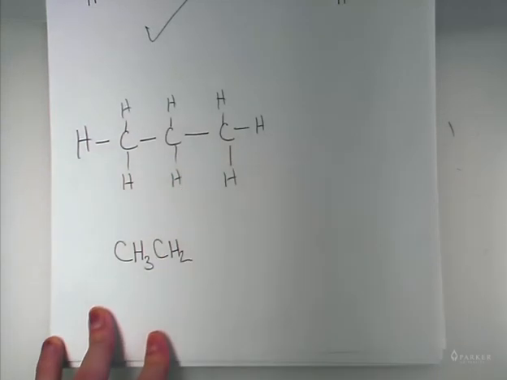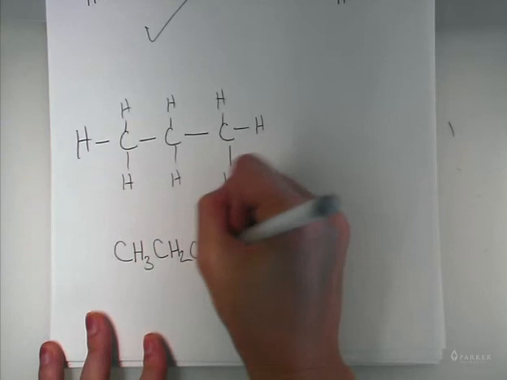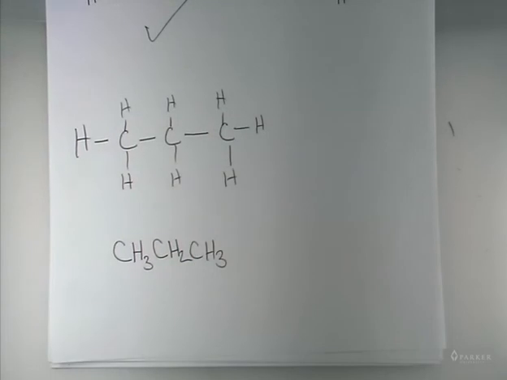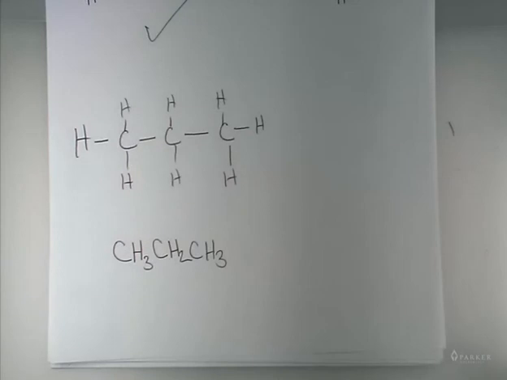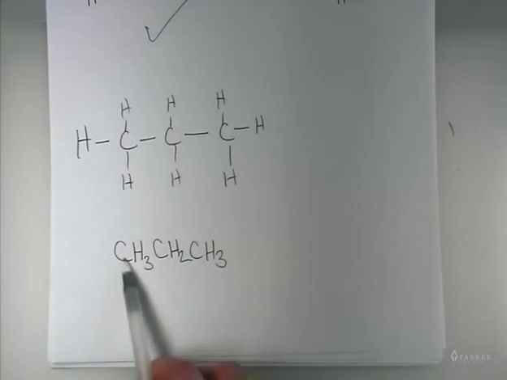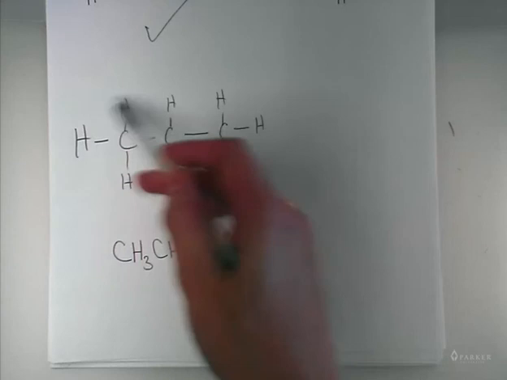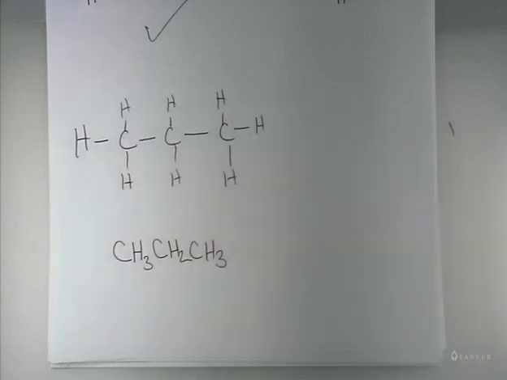And then the last one, CH3. Okay, so do you see that it's condensed from what you had? And that's why it's called a condensed formula. You're just basically not showing all your bonds. But it still means that this carbon has 3 hydrogens bonded to it like this, 2 and 3.